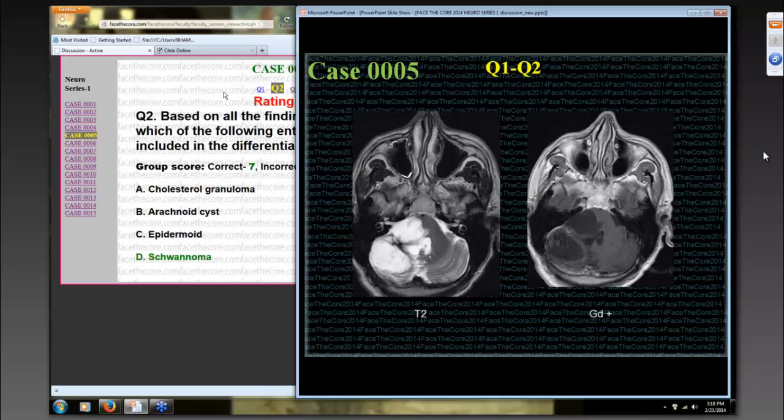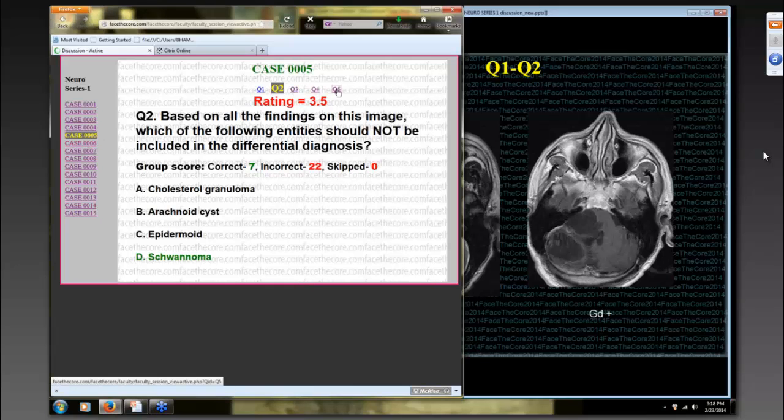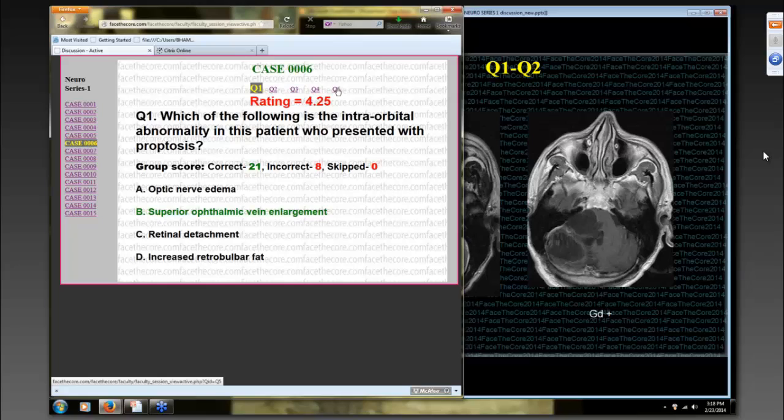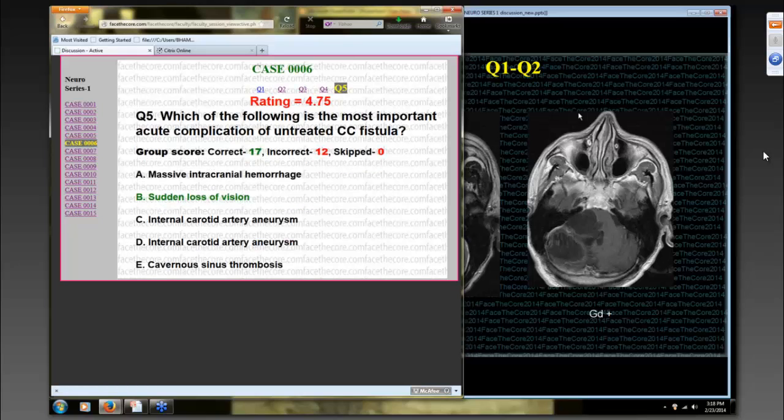Okay. Case 6, question 5. It says, why is a sudden loss of vision more important than hemorrhage? As I think I said in the beginning itself, intracranial hemorrhage, you can treat it.